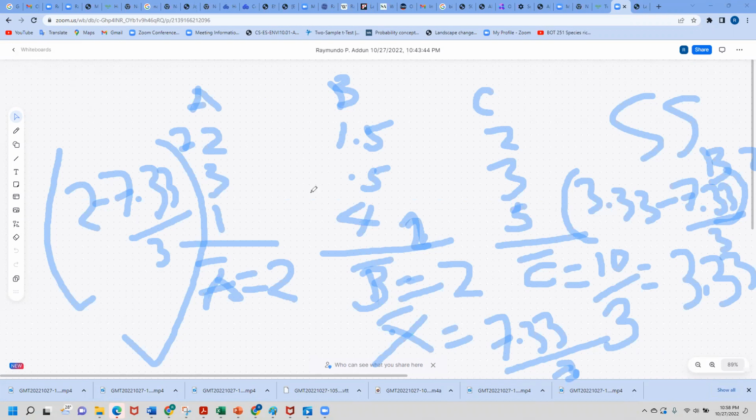And sum them, and that's the sum of squares between. So let me just say that again.